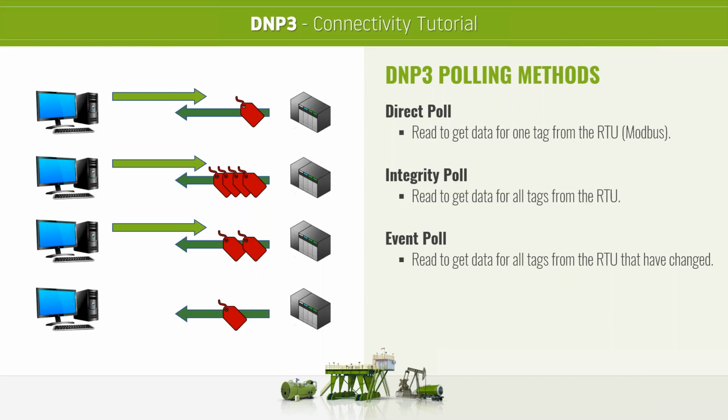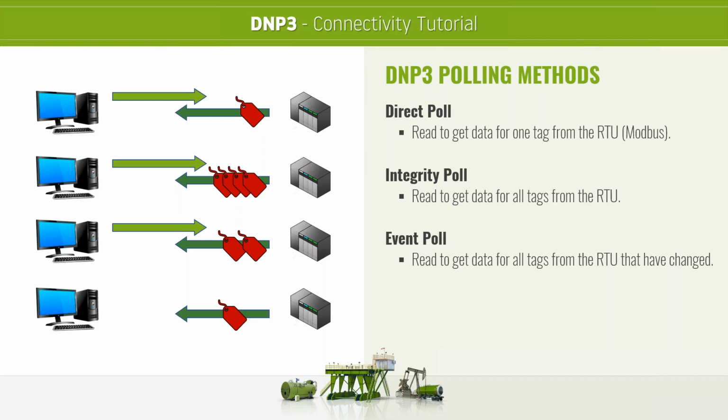After that, we will send periodic event polls. And an event poll allows the RTU to decide and tell you which tags have changed and to give you the new data for those tags. And this is where the strength of DNP3 starts to come in, because we start with the integrity poll, we read everything that's there, and then we send out an event poll and we read just the things that have changed.